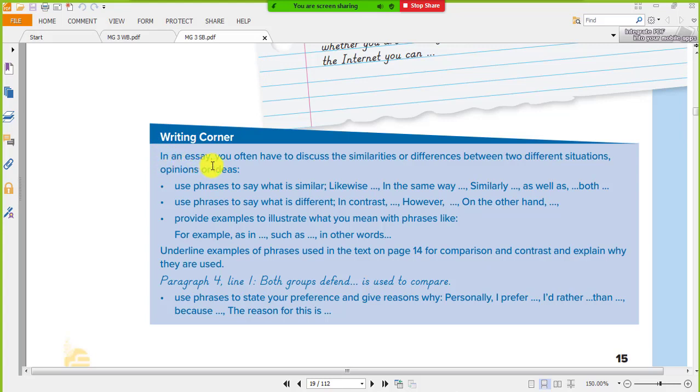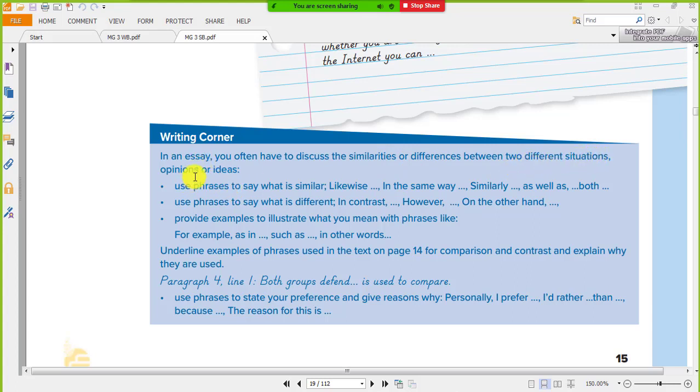In an essay, you often have to discuss the similarities or differences between two different situations, opinions, or ideas.